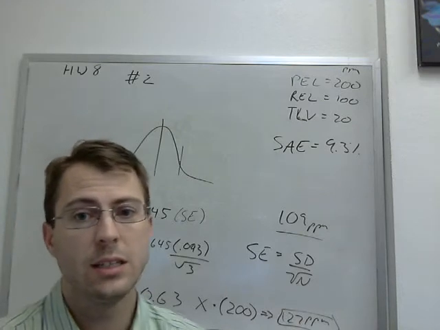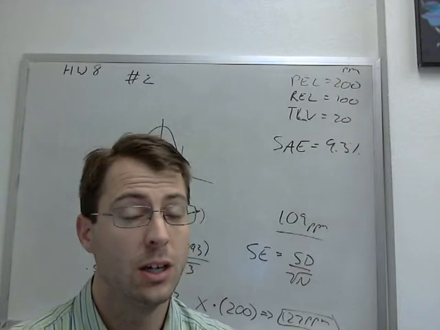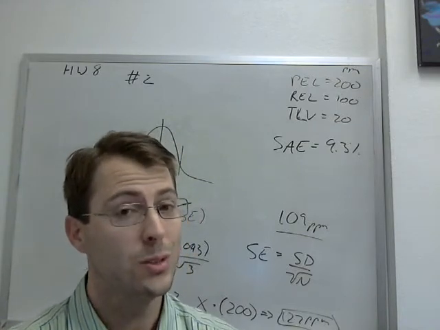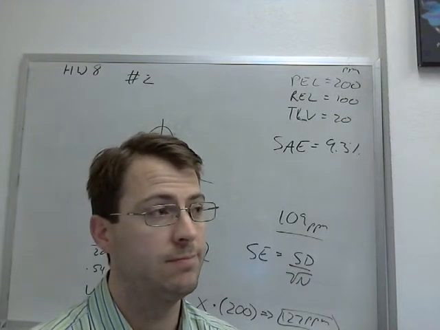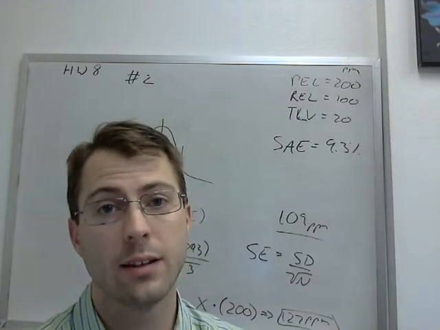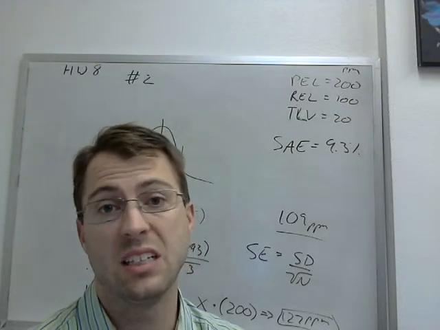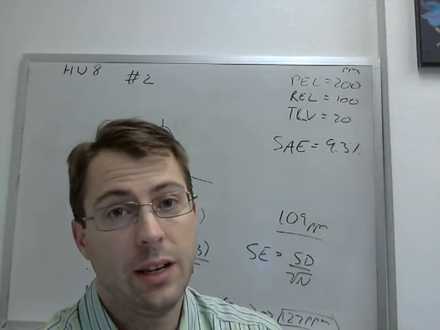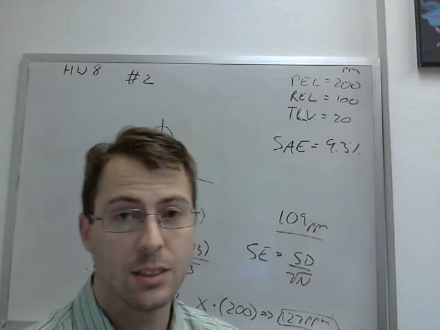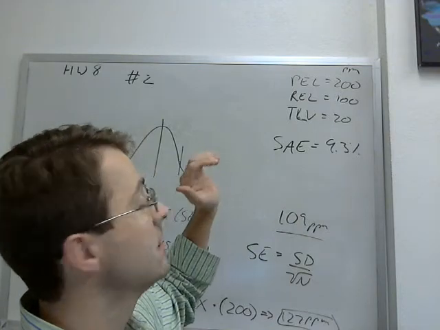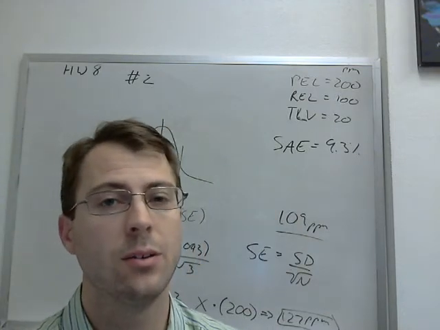Plus, with variation like we saw in this sample, your true 95th percentile exposure on some other day is most likely going to be well above the exposure limit, and your exceedance fraction, which we'll calculate in a couple of examples, is probably going to be in the 10 to 15% range. And the generally accepted proportion is 5%, since the permissible exposure limit is supposedly an absolute no exceeding of this value.